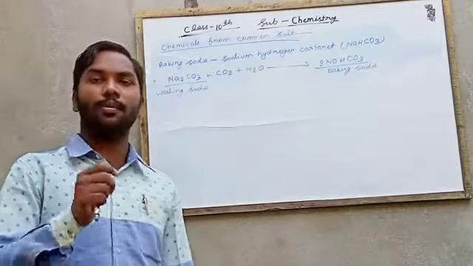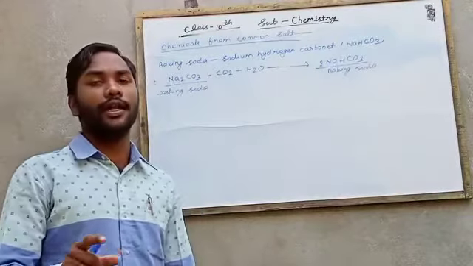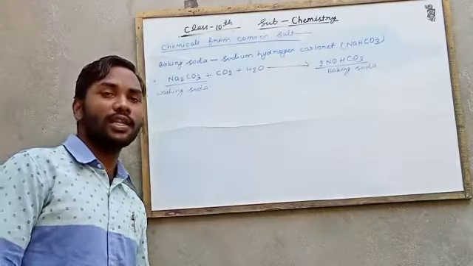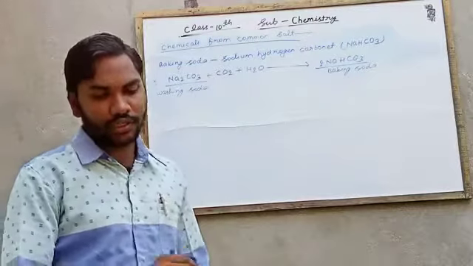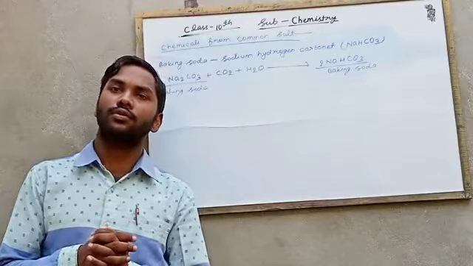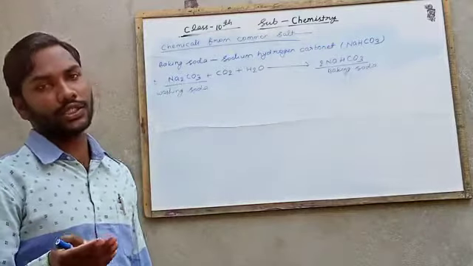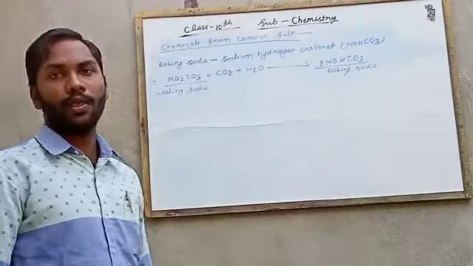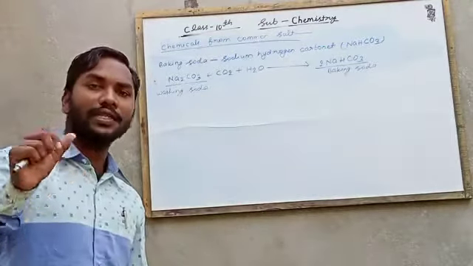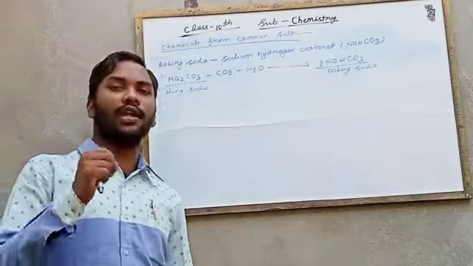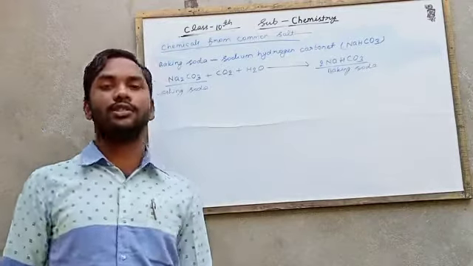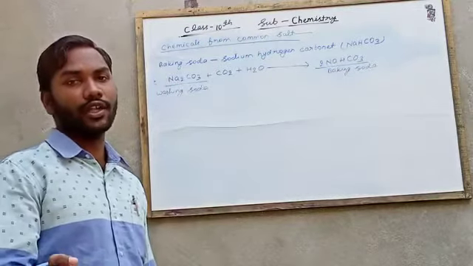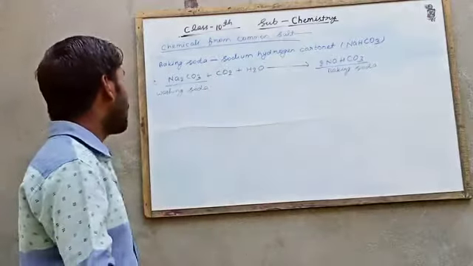Baking soda is mainly used to raise the dough in bakeries for making bread, cakes, etc. When it is heated, carbon dioxide gas is released, and that will raise the dough.